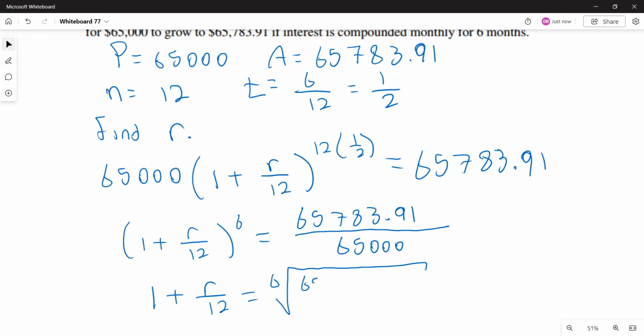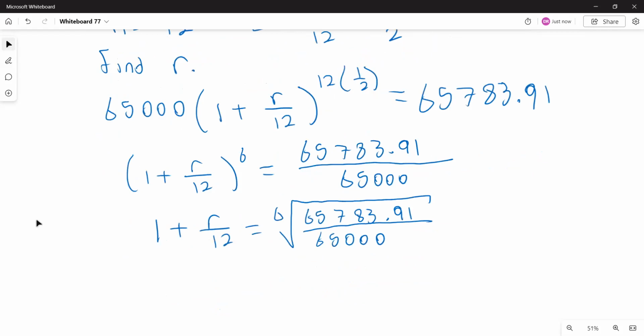I'm going to keep it as a fraction: 65,783.91 over 65,000. Subtract 1 from both sides. R over 12 is the 6th root of 65,783.91 over 65,000.